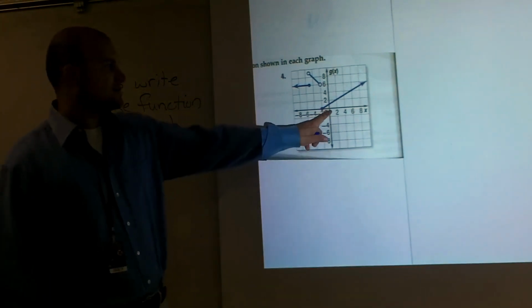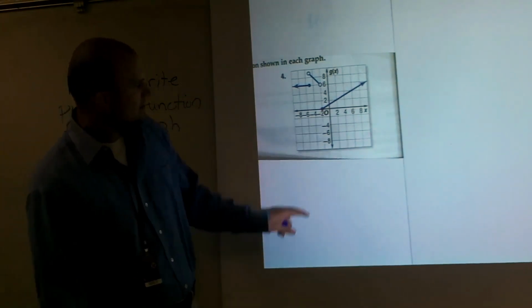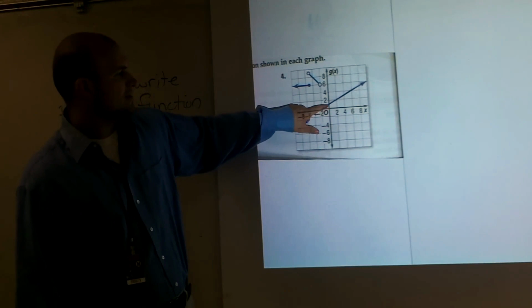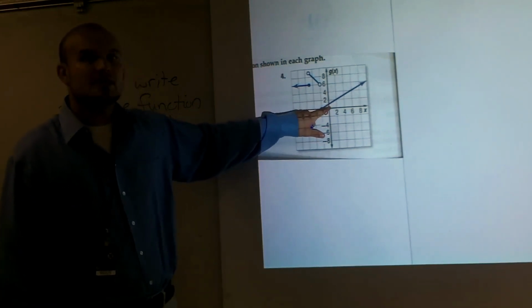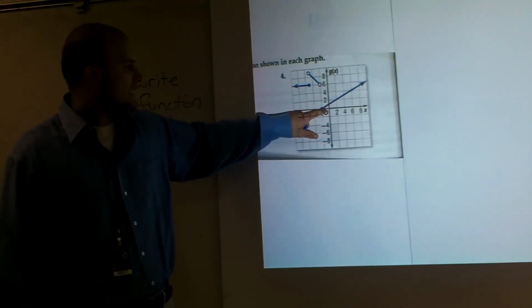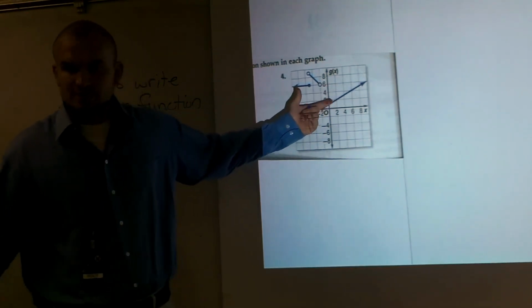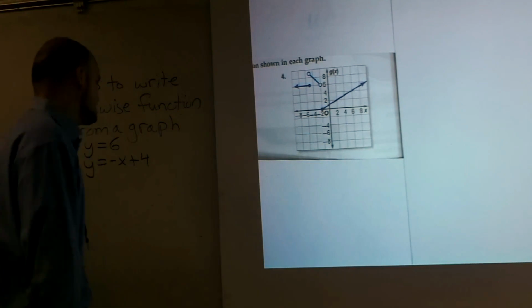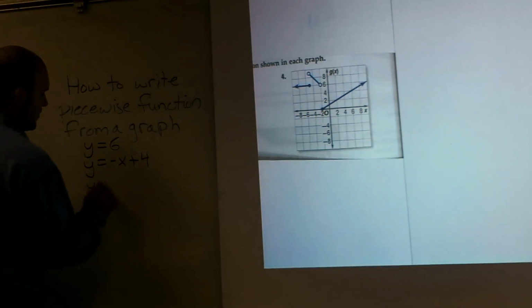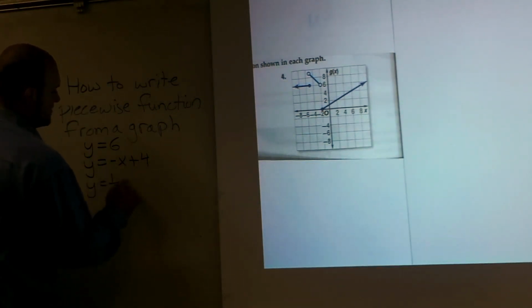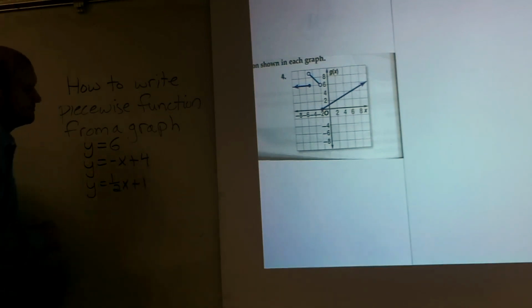Lastly, I have this equation. And I see that since my intervals go by 2, I would say this roughly intersects at 1. And my slope is, let's say, up 2 over 4, which could be reduced to 1/2, right? So I'd say this is y equals 1/2 x plus 1.